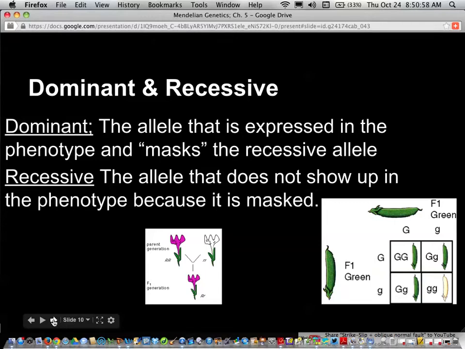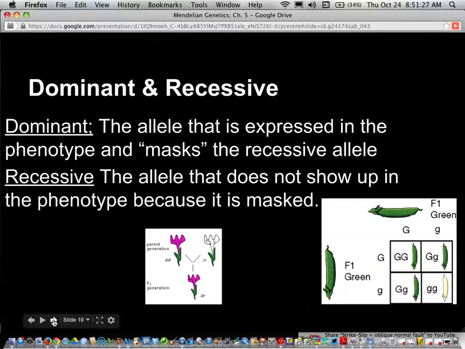If this one's present and there is a recessive allele, the recessive allele will not show up in the phenotype. So the recessive allele is the one that does not show up in the phenotype because it is masked by the dominant allele. So I gave you a couple of examples on this slide. The one on the lower left is with flower color.